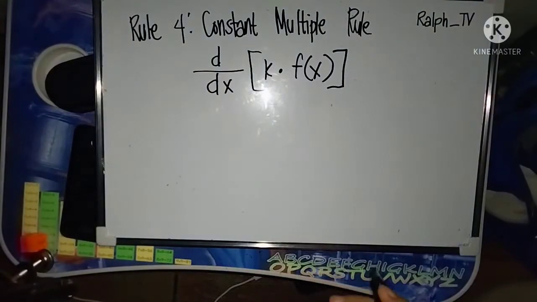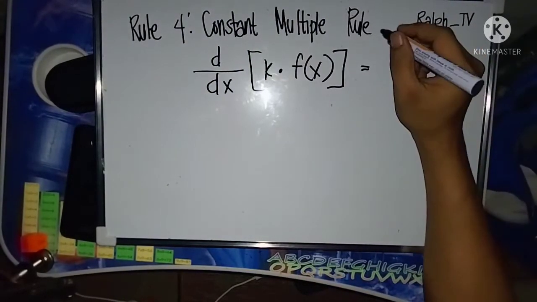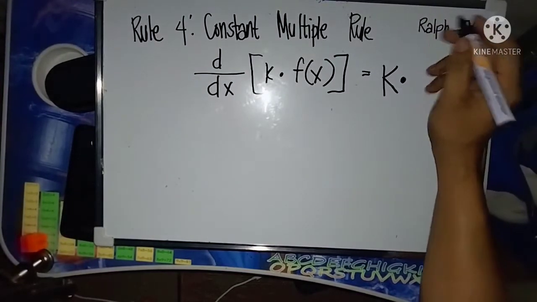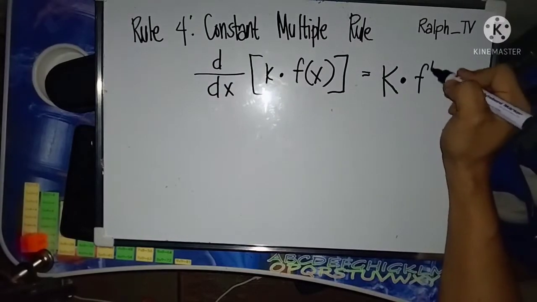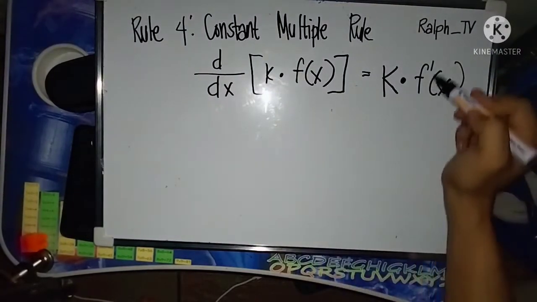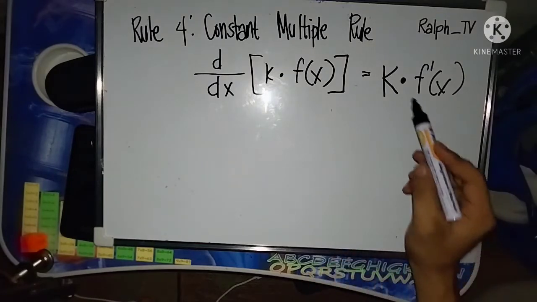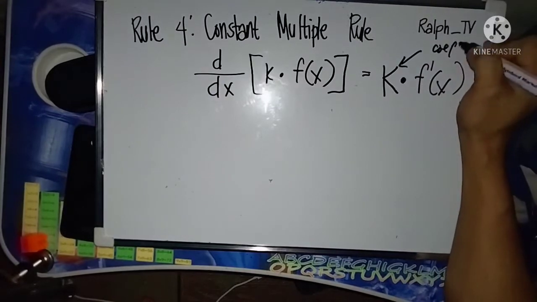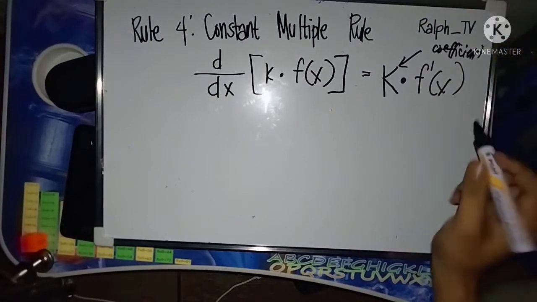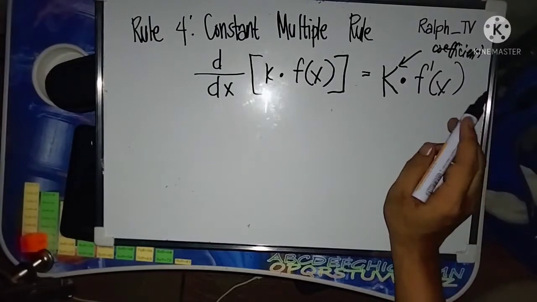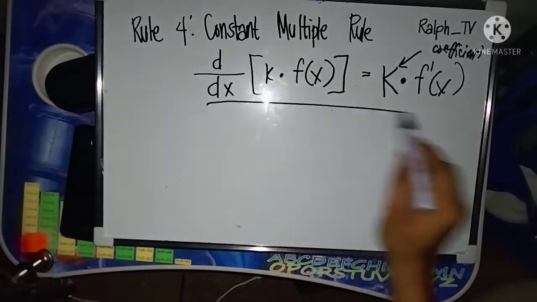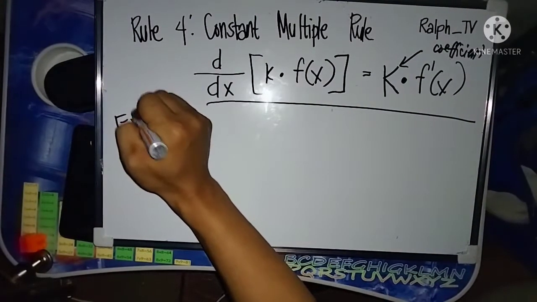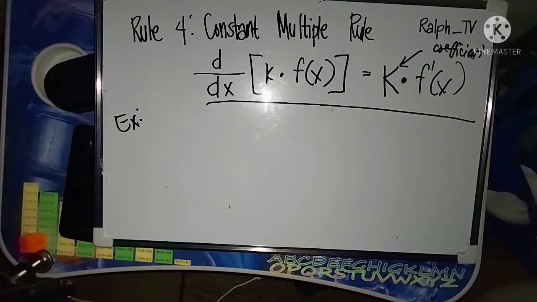Ayan. So, ito yung magiging k multiply by yan. So, ito yung ating coefficient. Kung hindi nyo naiintindihan itong ating rule na to, magsiset tayo ng example para mas lalo ninyong maintindihan.